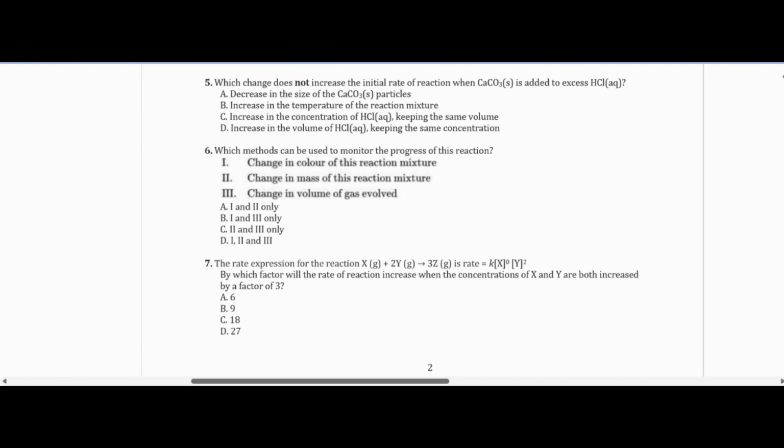5, which change does not increase the initial rate of reaction when calcium carbonate is added to hydrochloric acid? Which change does not increase? Okay, decreasing the size of the particles, yeah, that would increase.